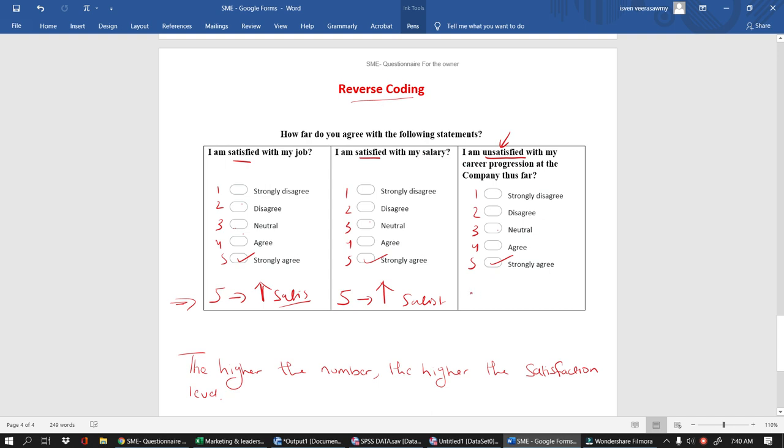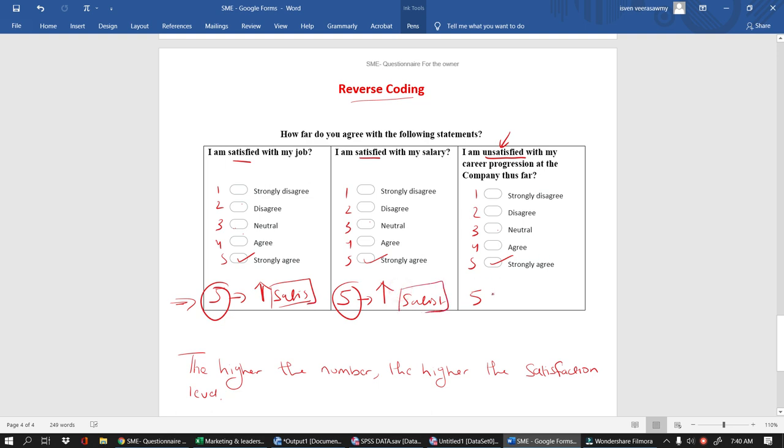Here you continue with 5. Always use the same number. You should always look at what 5 would represent for this question with regard to one construct, which is satisfaction.